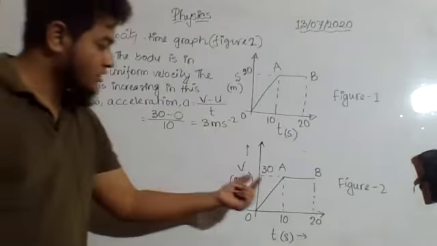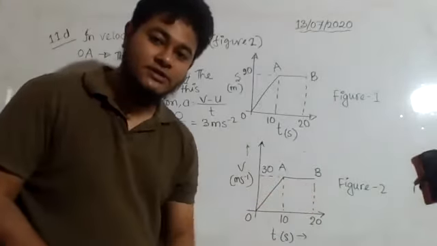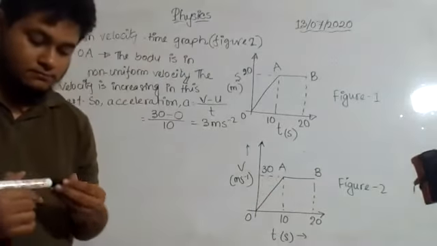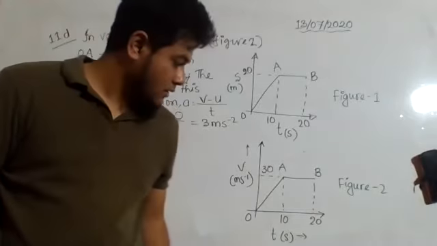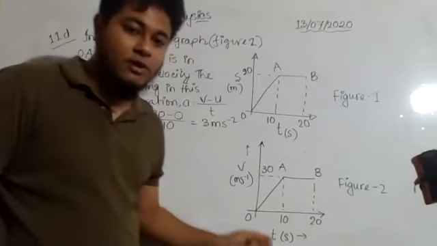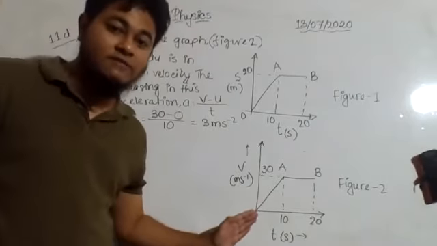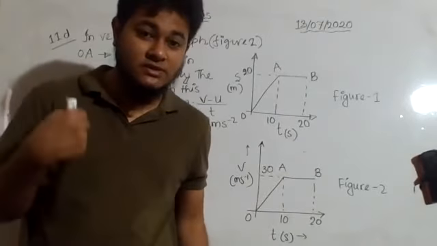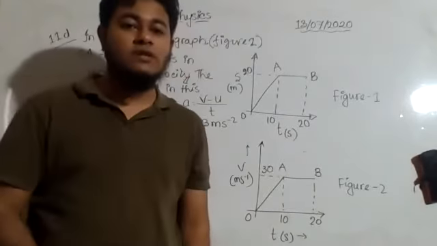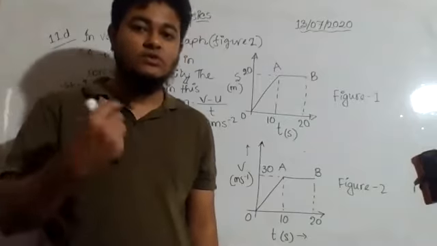Okay. What can we say about the AB part? Can anybody tell me? Sir, what is the question? What can we say about the AB part? For the OA part, we could say that the velocity is increasing. For the AB part, what can we say? It is constant. The velocity is not changing. The velocity is uniform, right?